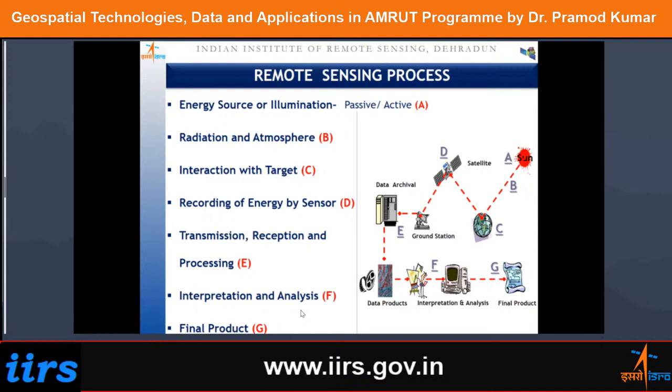As such, we should be aware of the spectral reflectance curve, because as I said, there is energy and matter interaction. This happens because of the incoming solar radiation, as in the AMRUT subscheme we are using sensors which work in the passive domain.